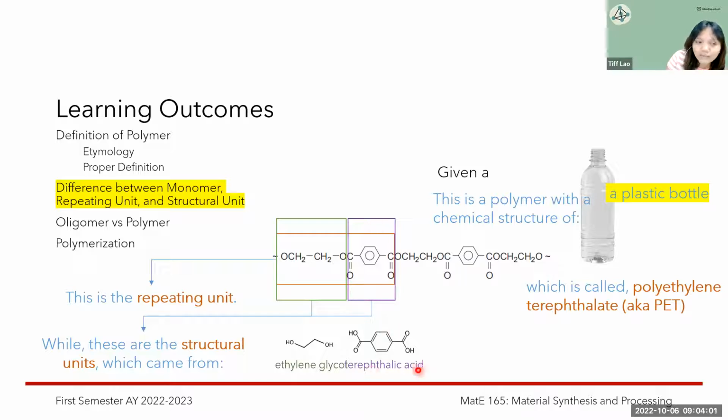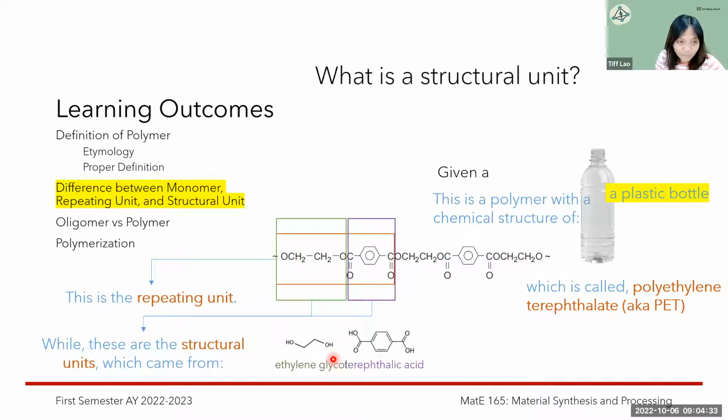So basically, when ethylene glycol and terephthalic acid reacted, the contributing chemical structure to form a repeating unit is what we call a structural unit. Is that clear, or do I need to repeat myself? Okay. So that is the structural unit.